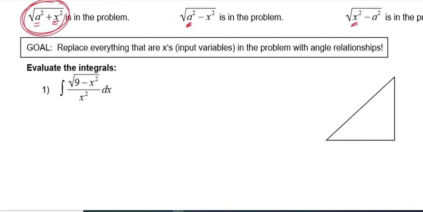So what I think is I'm going to start with let sine theta, and I'm always going to do the same process. What function am I squaring? I'm squaring x. And what constant am I squaring? That's a 3.